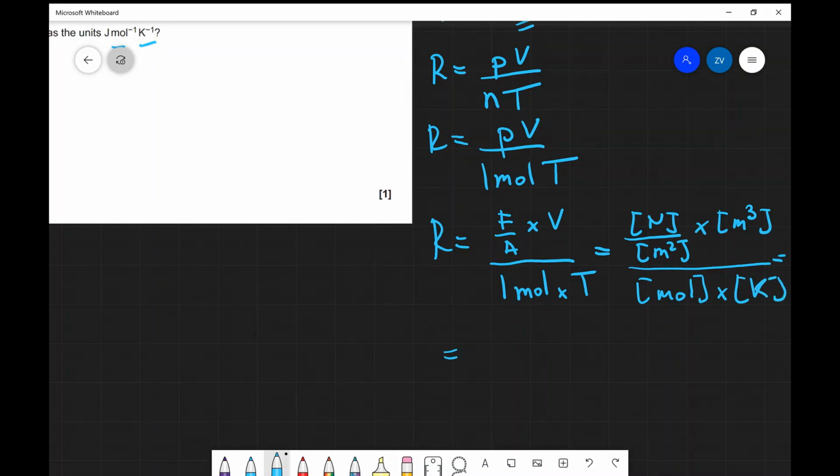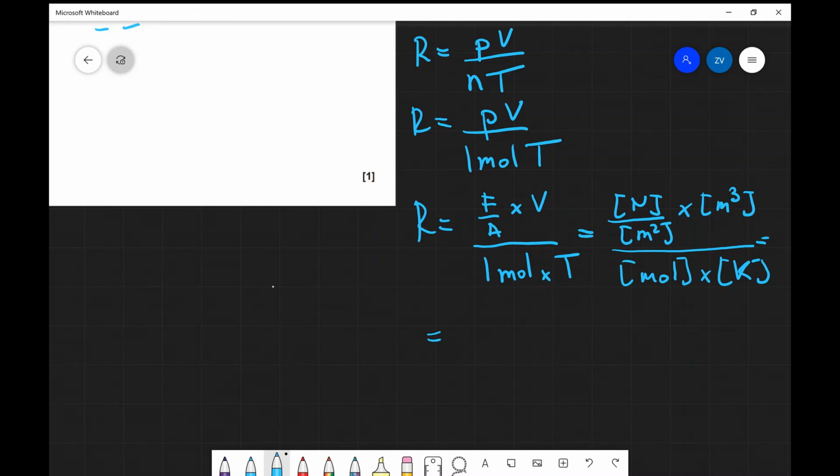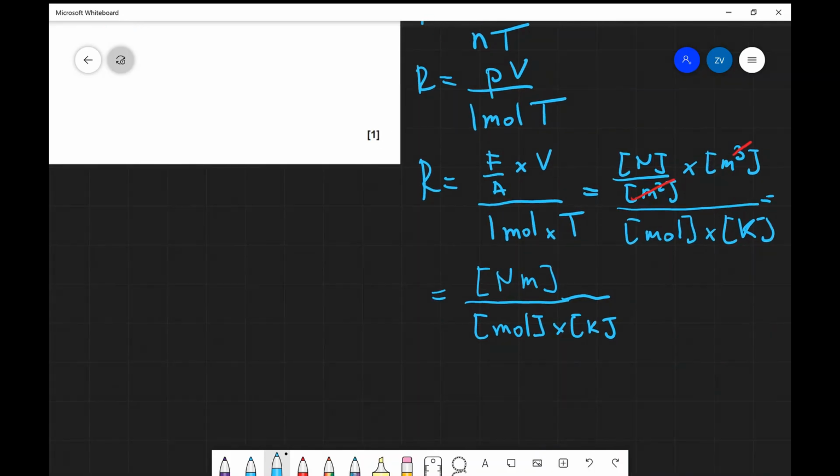So if we combine some of the units up there, those two are going to cancel out, and what we're going to be left with at the top is a Newton meter, divided by a mole and a Kelvin. If you haven't come across these brackets before, we just use them in physics to denote the pure units of quantities.